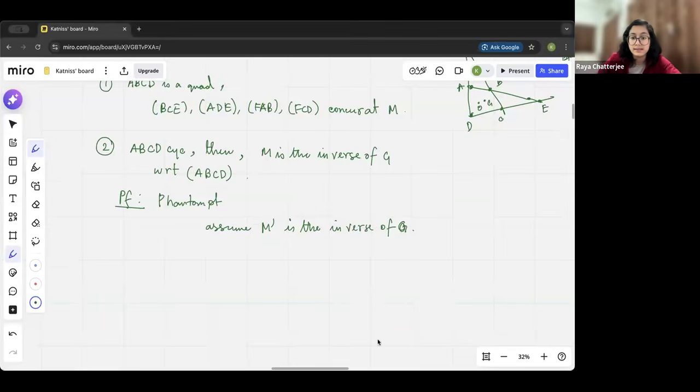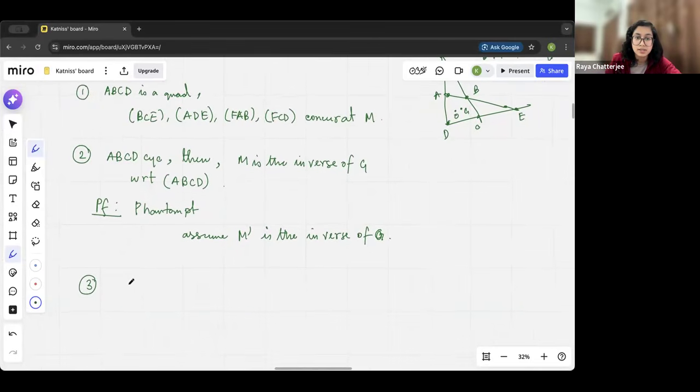Then another property is that if you take the centers of all of these circles, BCE, ADE, and so on, then they are also going to be concyclic. That's a separate circle which is not really famous, but it's just something to keep in mind.